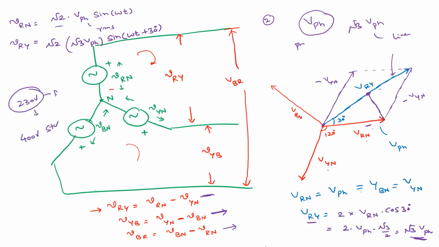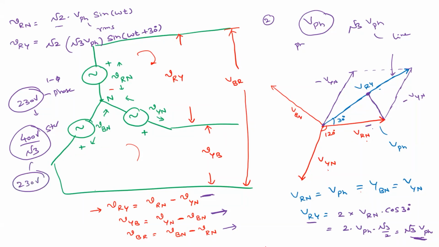So this is the phase voltage, single phase. So 400 divided by root 3 is almost equal to 230 volts, right?